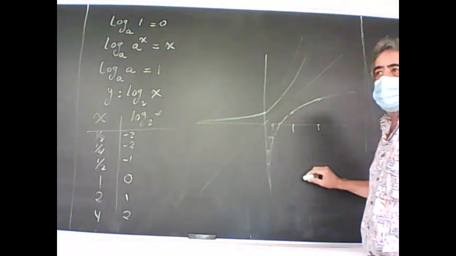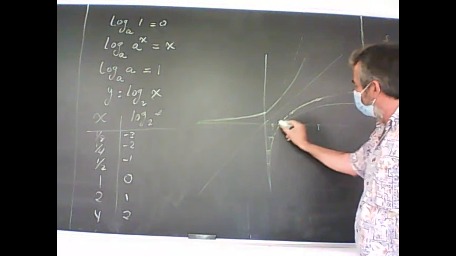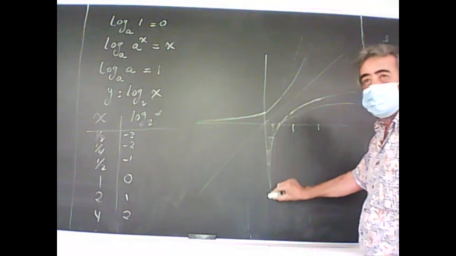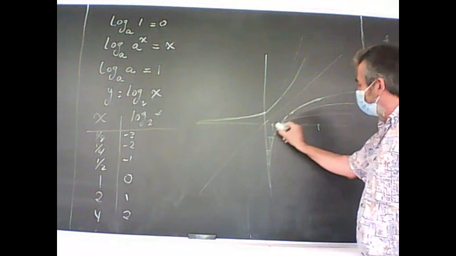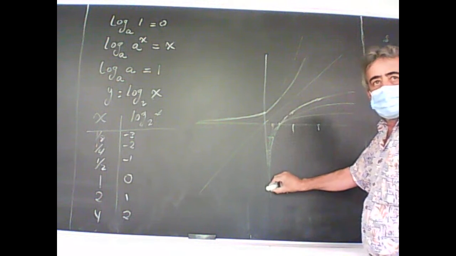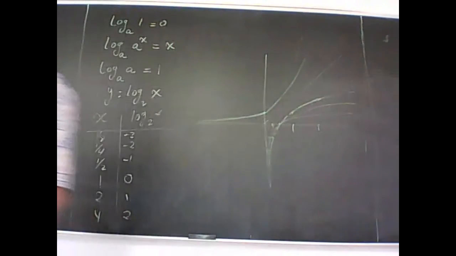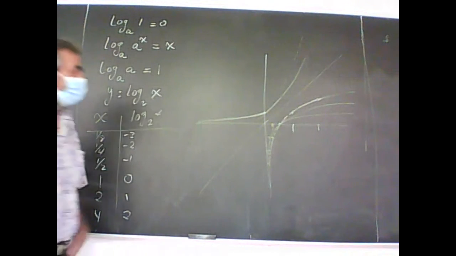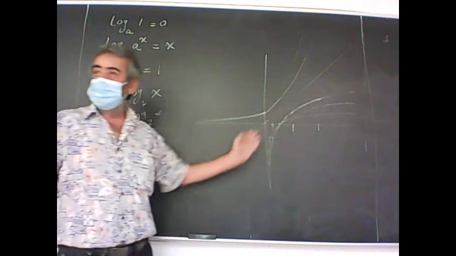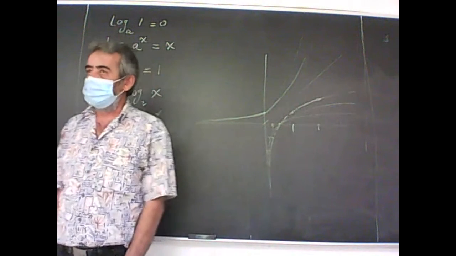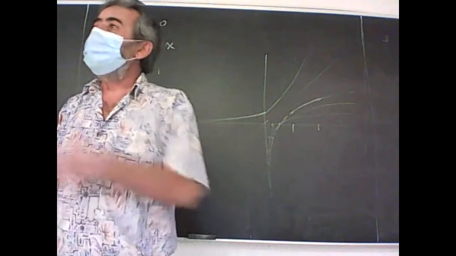Well, log base 3 is going to happen the same way, but we're going to go below this line, behind that. 4, similar. Yes? And so on and so on. So all the log graphs will look like this. Now, this is the base log, so log base 2 of x.